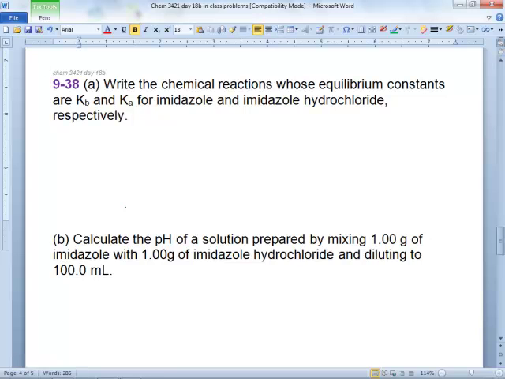So in the chart, is it neutral? Nope. It's not neutral, so you've got to remove an H+, so that means imidazole must be the conjugate base, because you had to remove an H+ to get there. And they're kind of hinting at that, you notice? Kb and Ka for imidazole and imidazole hydrochloride, respectively.